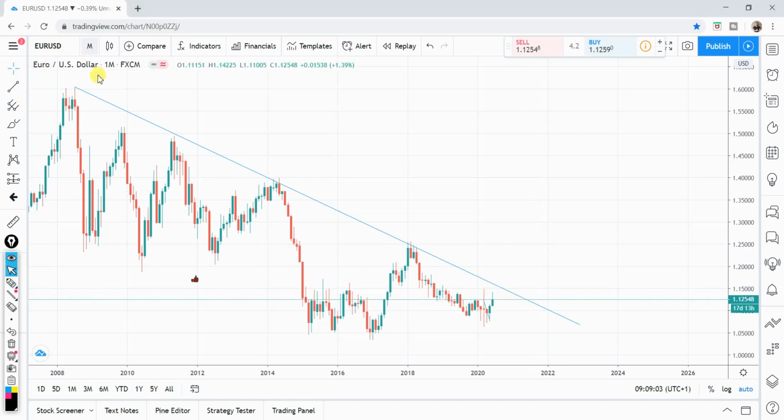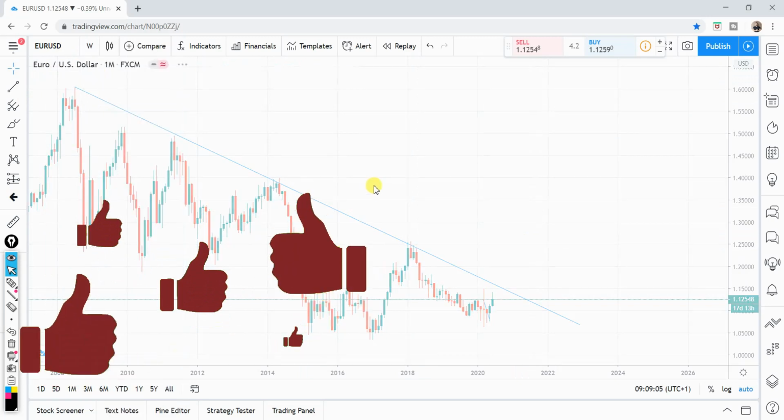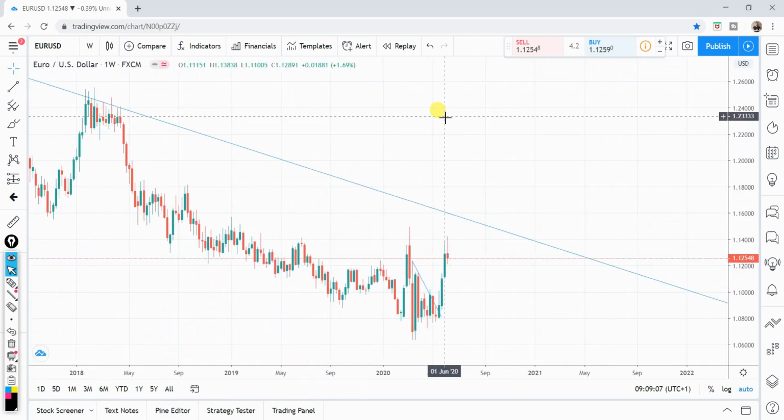Okay, let's drill down to the shorter time frames, go to the weekly, and see what we have. The weekly time frame just reflects on the monthly. The price came up and tested this level, which is not far away from the monthly highs, and the price put in an indecision candle on the weekly time frame.